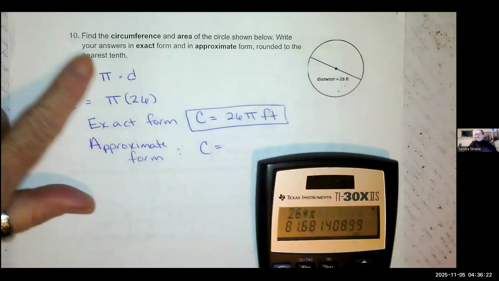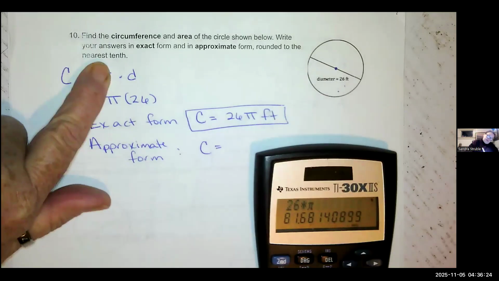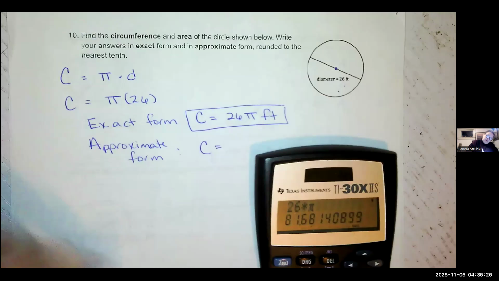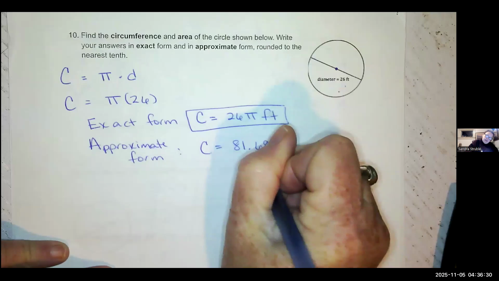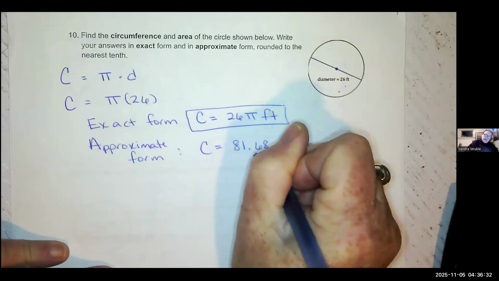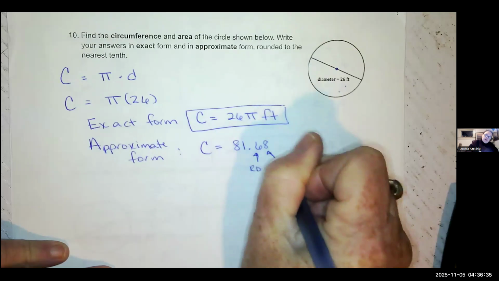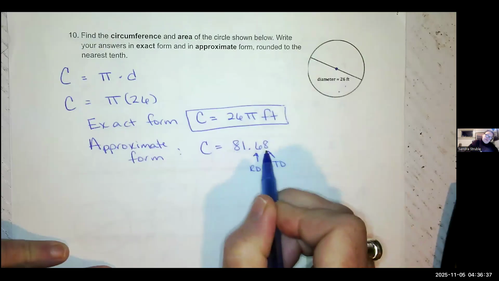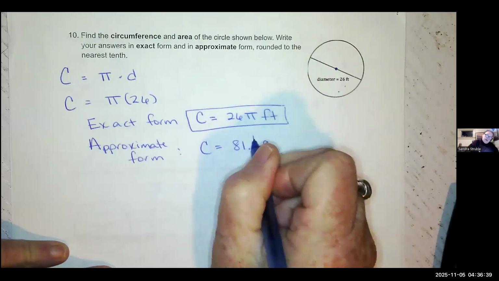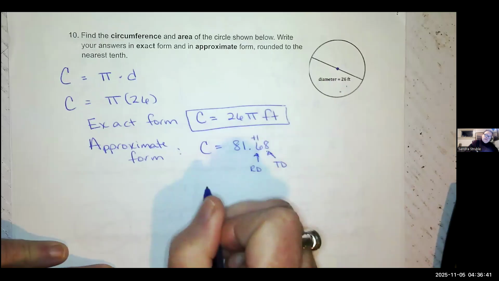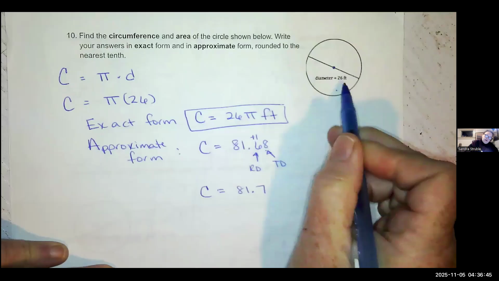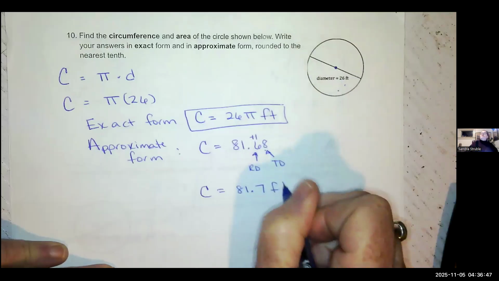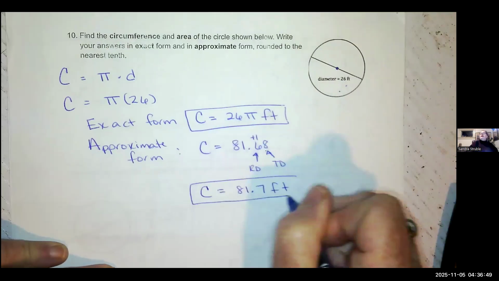So 81.68. 6 is my rounding digit. 8 is my test digit. Because it is greater than 5, I add 1 to my rounding digit. So my circumference is 81.7 feet. It has the same unit as your diameter and radius. Okay, there's your exact and approximate form.